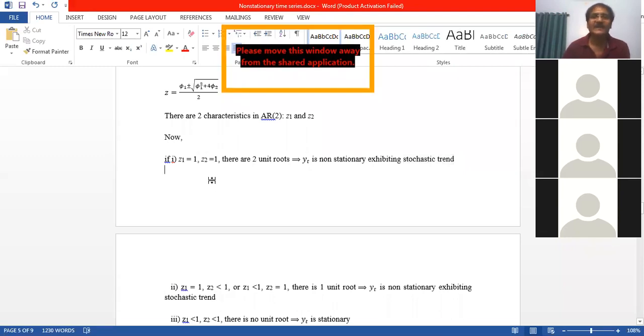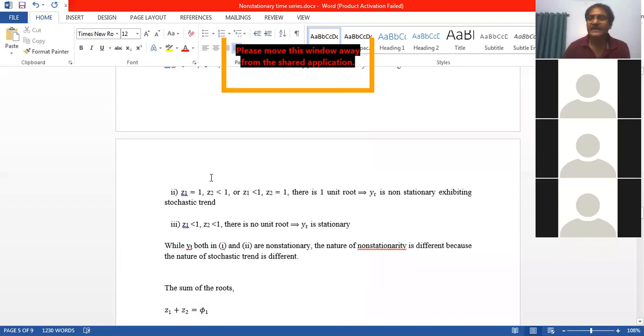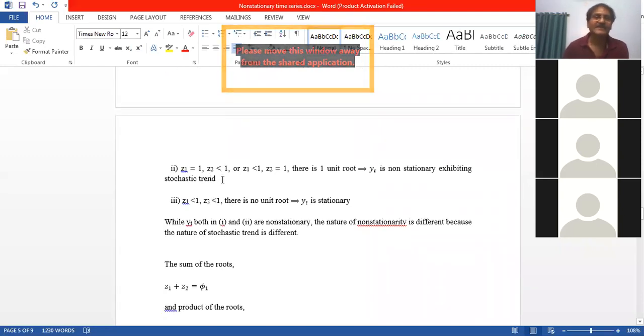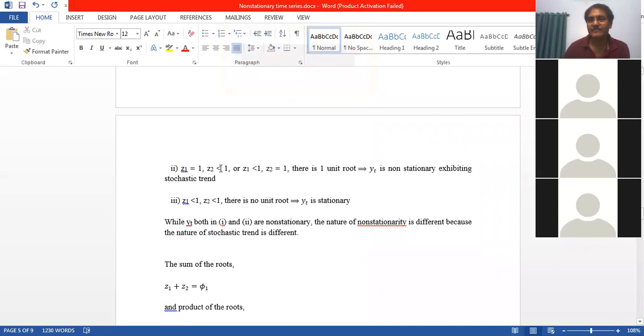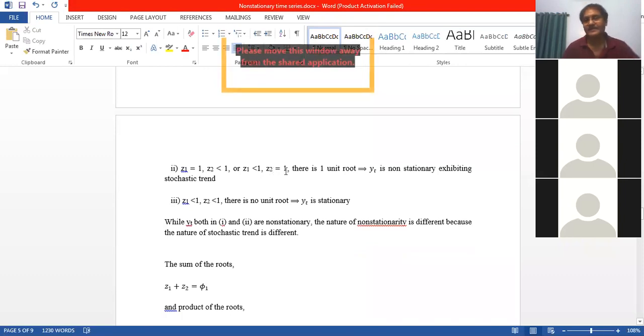Another possibility in the case of AR2. In the case of AR2, you have a quadratic characteristic equation, so you have two characteristic roots. In the second alternative, suppose z1 is equal to 1 and z2 less than 1, or z1 less than 1 and z2 is equal to 1.